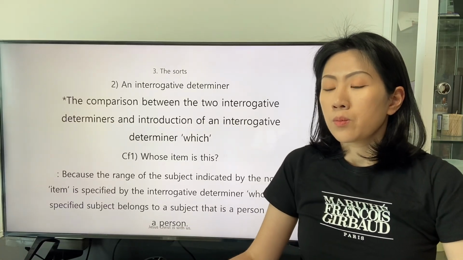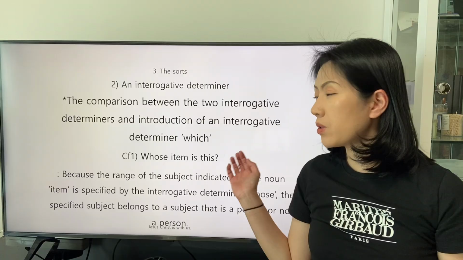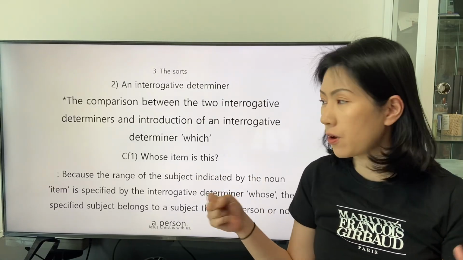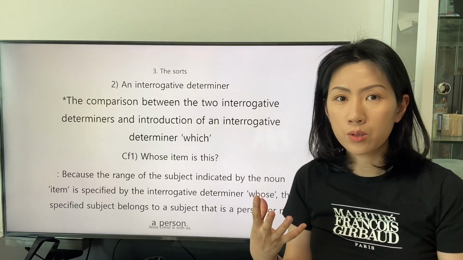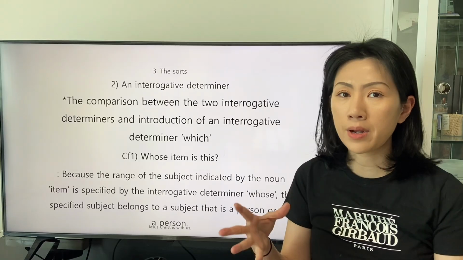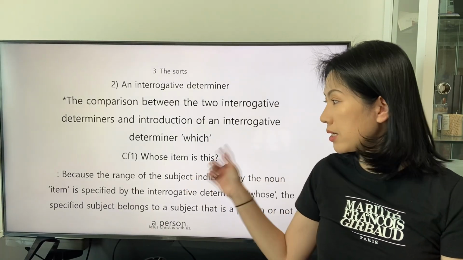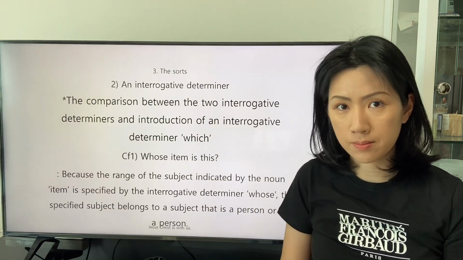So we are able to understand that the listeners who are going to respond to this question answer with the possessive determiner, like this is his item, this is her item, this is your item, like this.